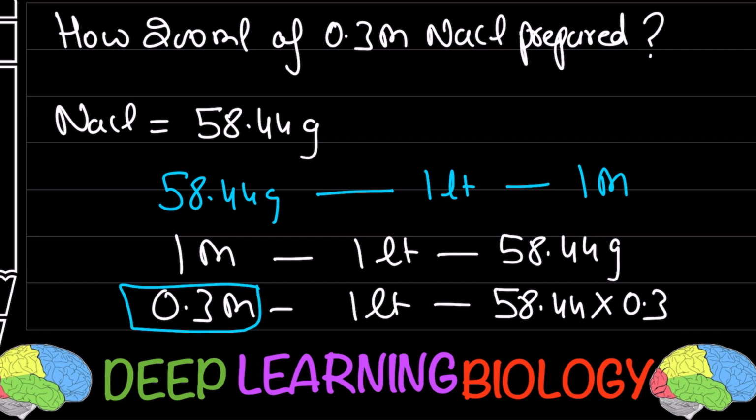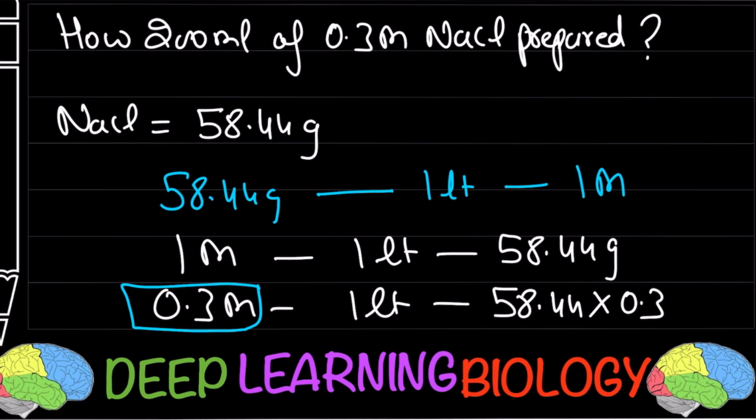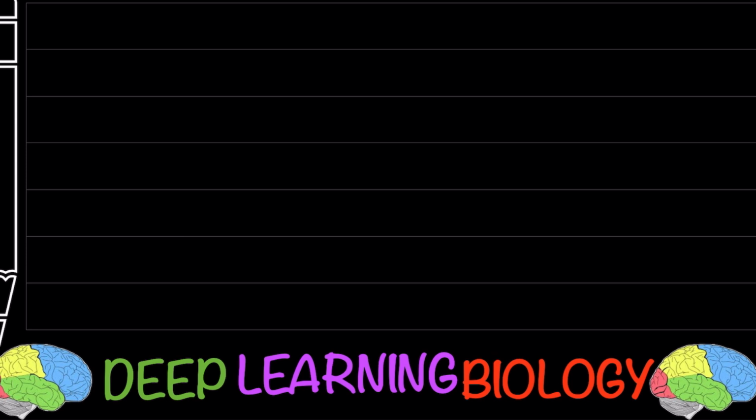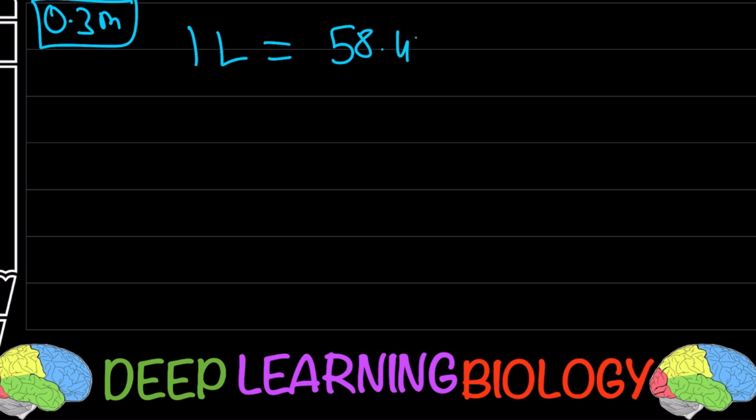So to prepare 0.3 molar, 1 liter, we need 58.44 into 0.3 gram.